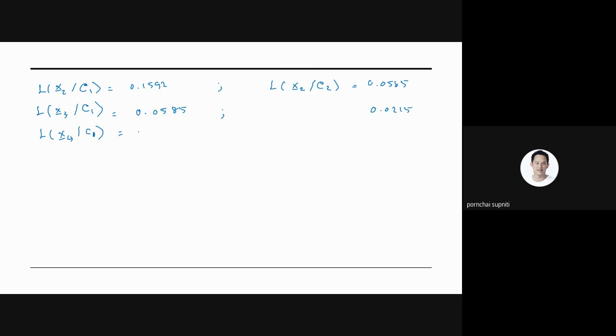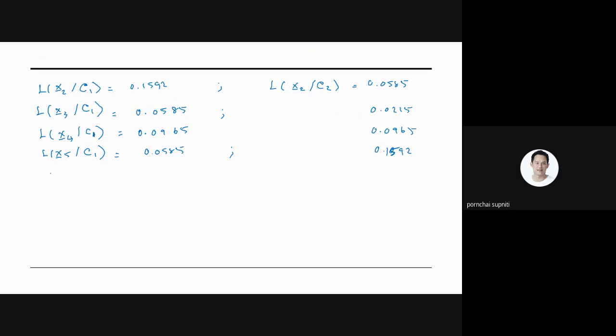And then for x4, if you remember from k-means clustering, we have equal distance, right? So here if we compute likelihood, we get 0.0965, and both are equal. And then if you go further to x5, the likelihood that it is in cluster 1 is 0.0585, and the likelihood that it is in cluster 2 is 0.1592.